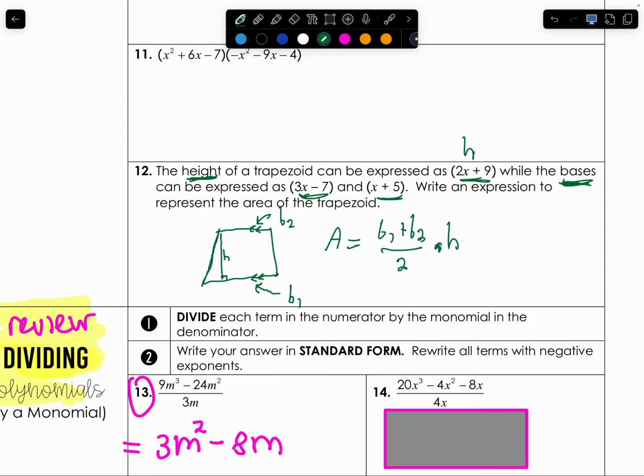So we have the bases, 3x plus 7, 3x minus 7, x plus 5, and divided by 2. And the area will have that multiplied by the H, which is 2x plus 9. Okay.